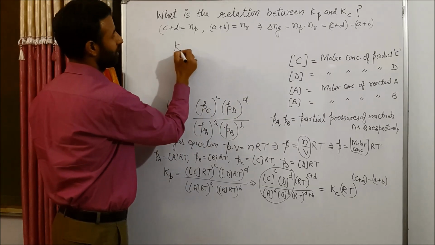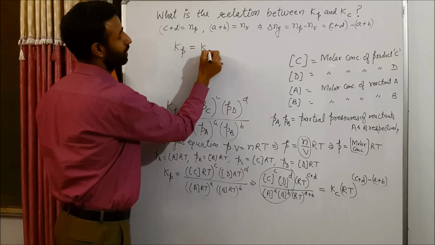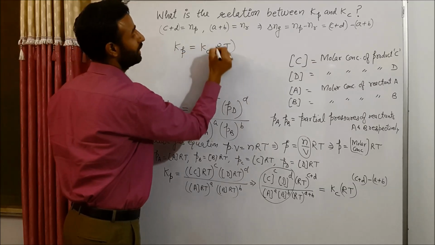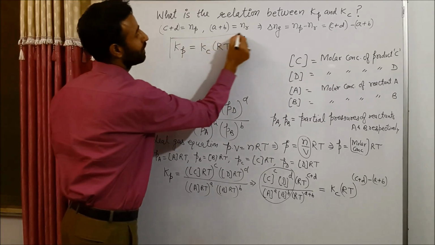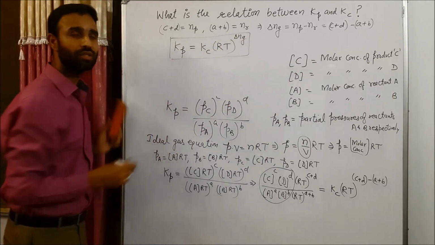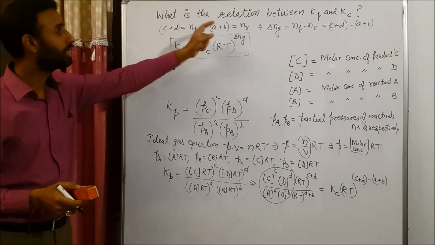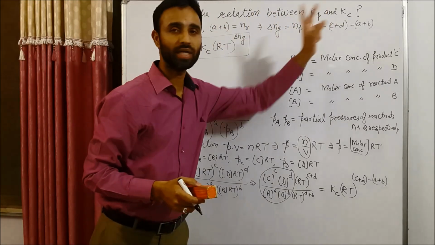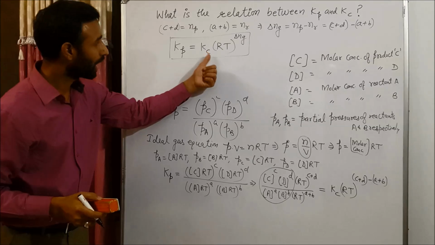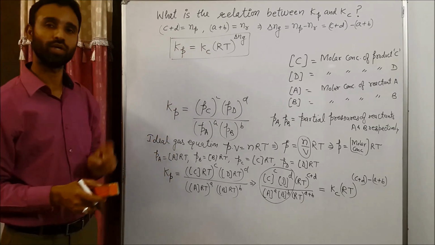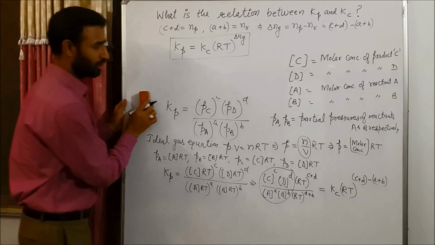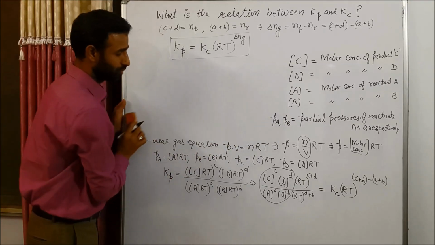So in this way, we get Kp equal to Kc (RT) raised to power delta Ng. So this is your final relation. If the question is, what is the relation between Kp and Kc, then you end your derivation at this point.